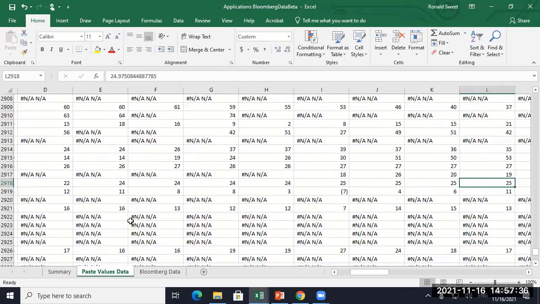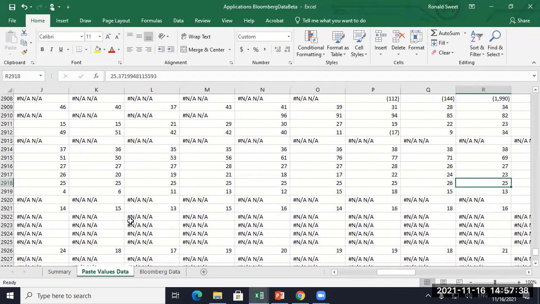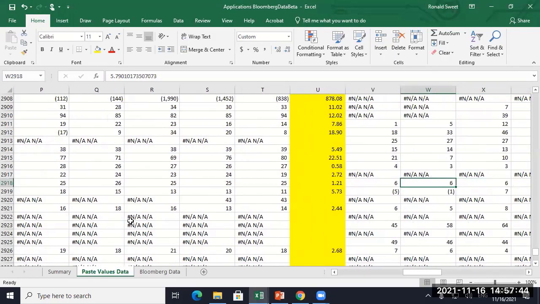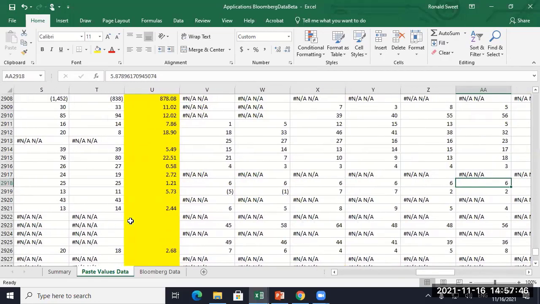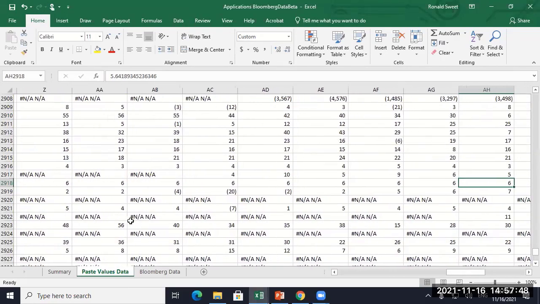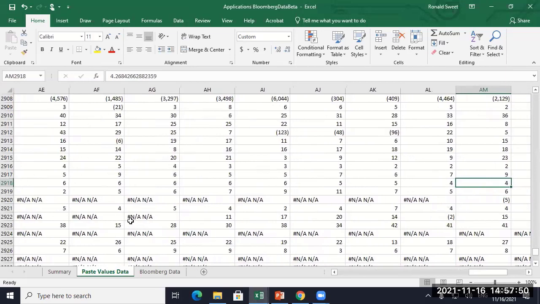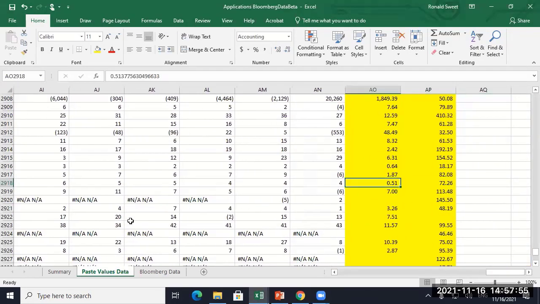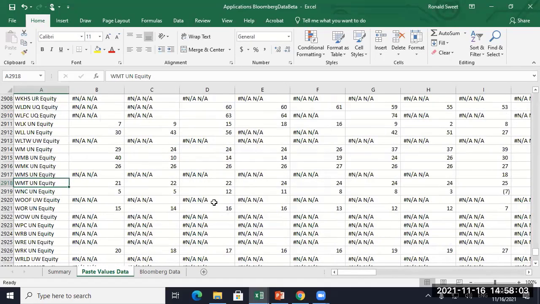They're coming up a little bit, but they've been pretty stable the last few years, right? 25, 25, 25, 25, 26, 25, 25. And here's their net margin, 6, 6, 6, and so on. Uh-oh, 5, 5, 4, 4. So they've been declining the last few years, probably because of Walmart, but still very, very stable. And still higher than Costco.